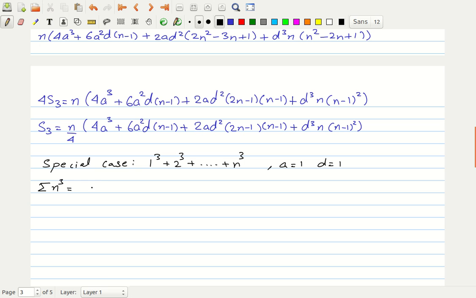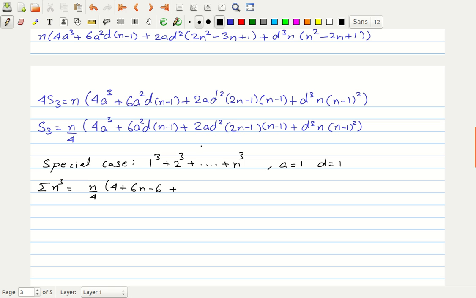So we get sum of n cube as n by 4 times a is 1. So this is simply 4 plus a square d is going to be 1. So this is 6 times n minus 1. So this is 6n minus 6 plus ad square is 1. So this is simply 2 times 2n minus 1 times n minus 1. So 2n minus 1 times n minus 1 is 2n square minus 3n plus 1.